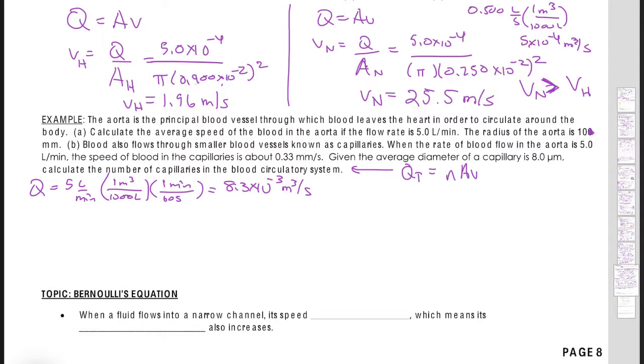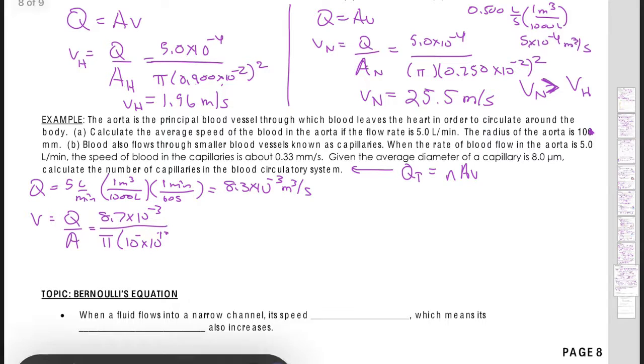We can find the speed in the aorta: Q over A, so 8.3 times 10 to the negative 3 divided by pi times 10 times 10 to the negative 3, squared. There are a lot of 10s running around there. So the speed in the aorta is 0.27 meters per second.